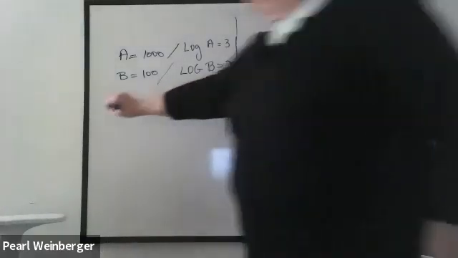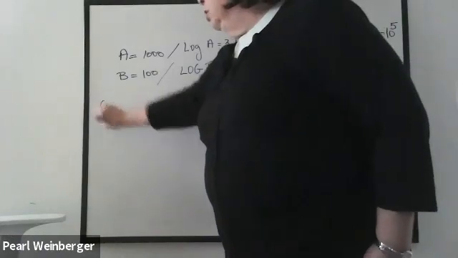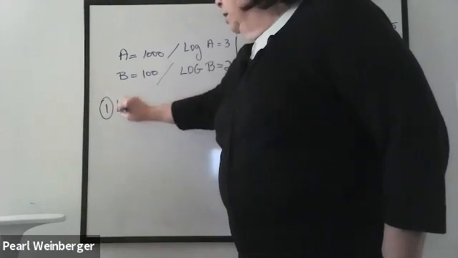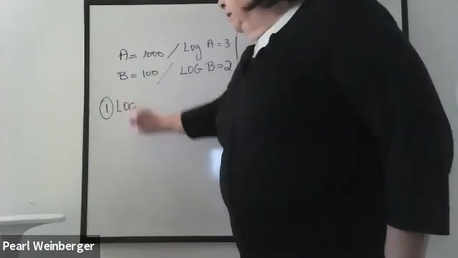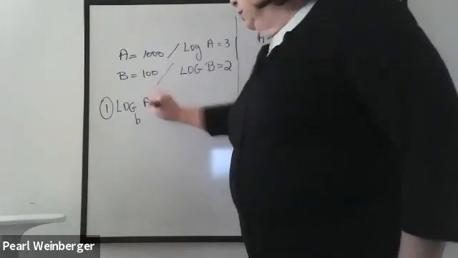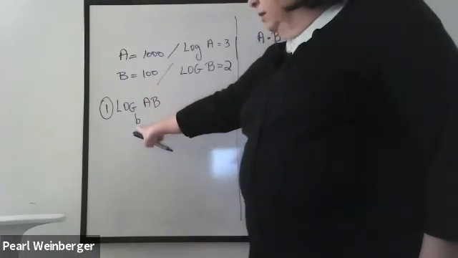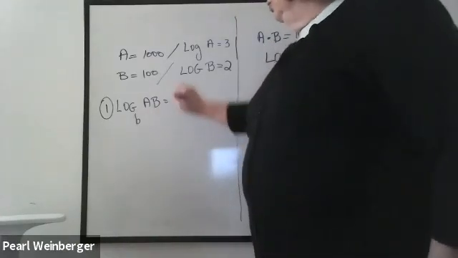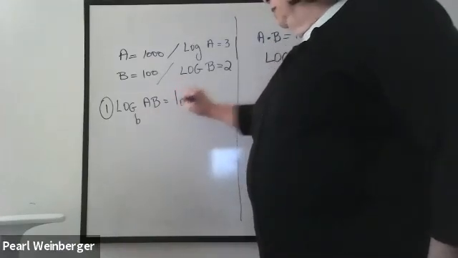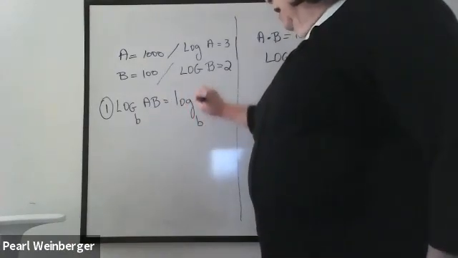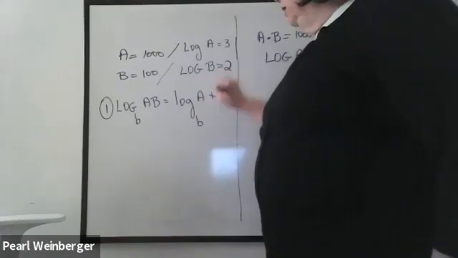So my first property, or my first rule of logarithmetic, is that the log base b of a times b (notice I'm putting in a base and I'm using a small b; it could be any base, because this doesn't work just for base 10) is equal to log of a plus the log of b.